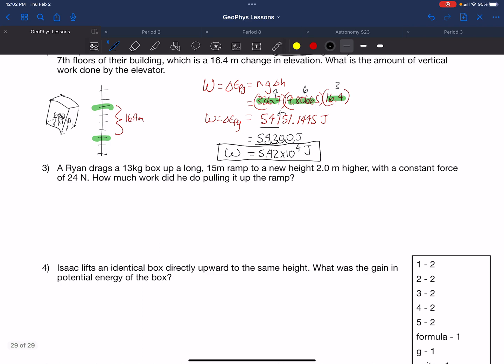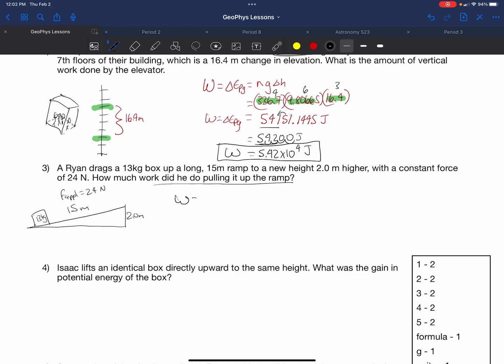The next question, we have Ryan dragging a box up a long 15-meter ramp. So we've got a 15-meter ramp, and the box is 13 kilograms, and the height is 2 meters higher. The force applied is 24 newtons. How much work did he do pulling it up the ramp?